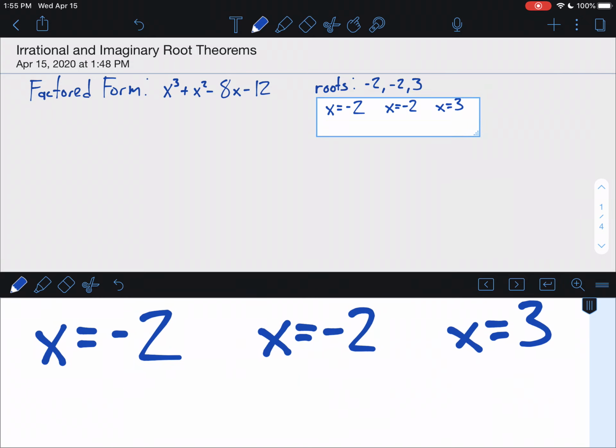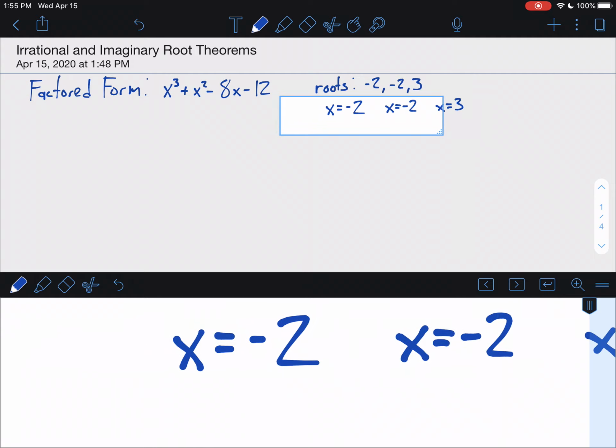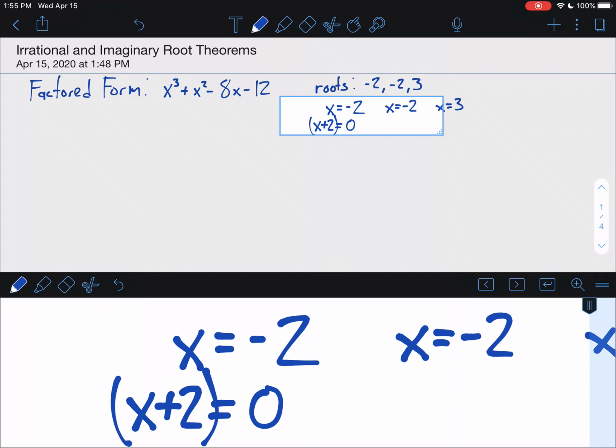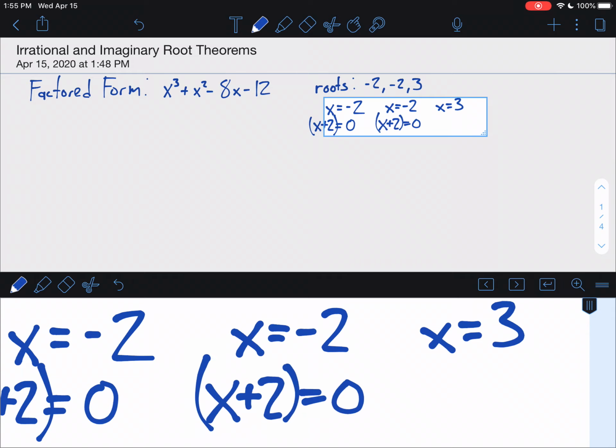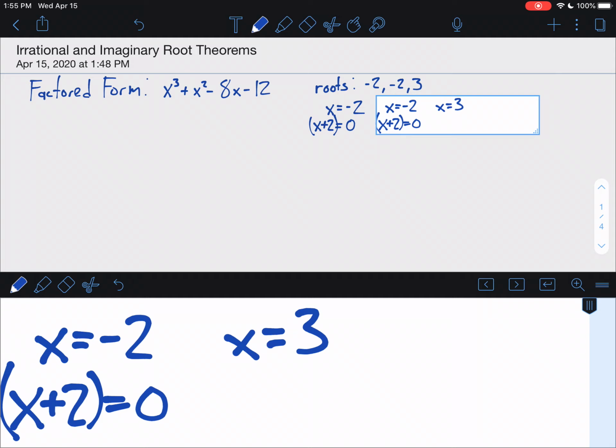If x equals negative 2, first thing I'm going to do is add 2 to both sides. So x plus 2 equals 0, and there is one of my factors. And here we have x equals negative 2, add 2, so x plus 2 equals 0. And finally, we have x equals 3, subtract 3 from both sides, x minus 3 equals 0.